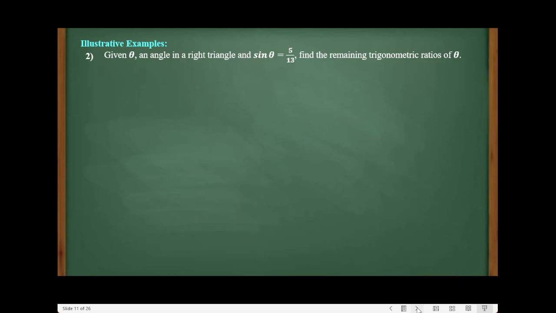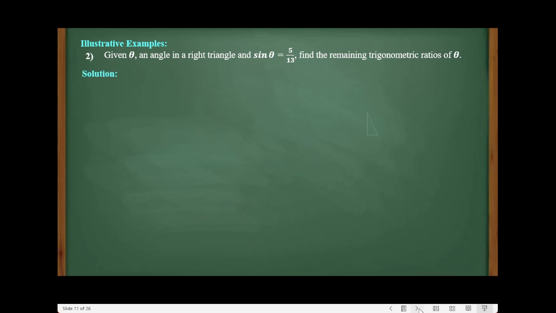For our next example, number 2, given theta, which is an acute angle in a right triangle, and sine theta equal to 5 over 13, find the remaining trigonometric ratios, which are actually the secant theta and the cosecant theta.